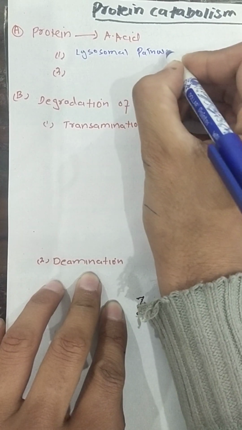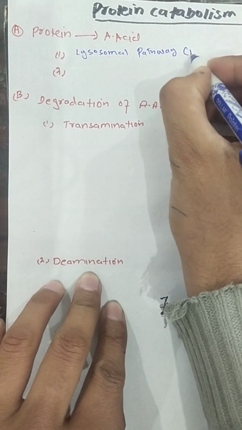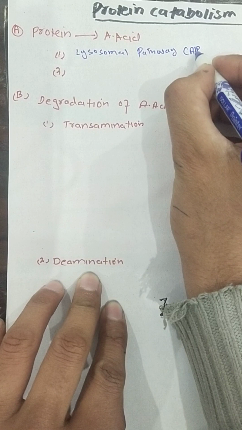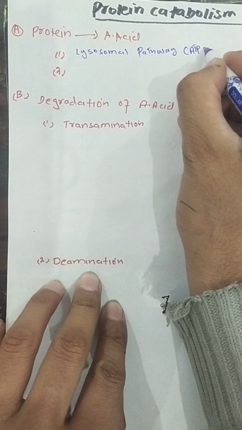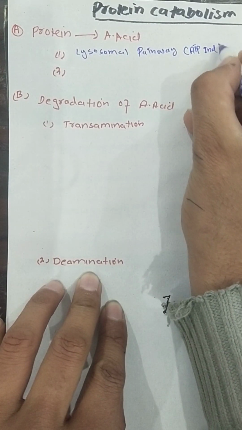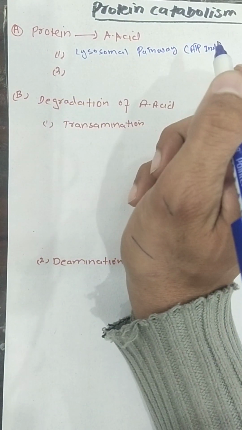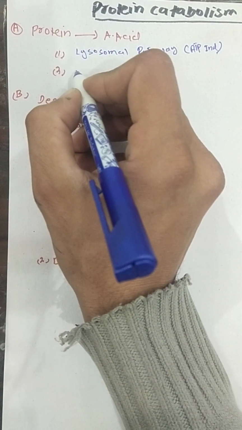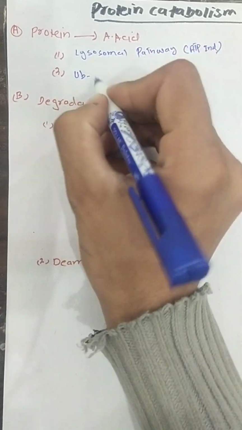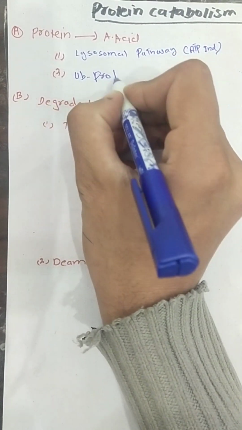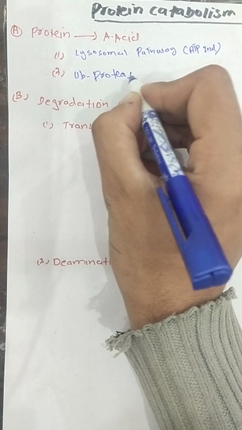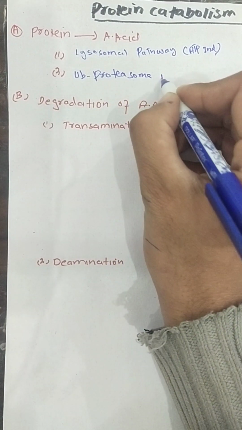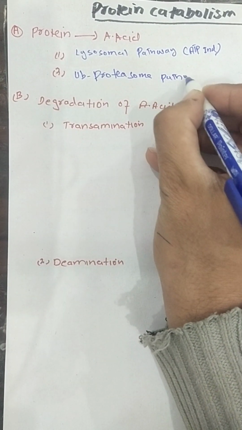This pathway is ATP independent. You should know that there is no need for ATP here, so we say it is ATP independent. Then the second pathway by which we can degrade protein into amino acids is called the ubiquitin proteasome pathway, which is ATP dependent.